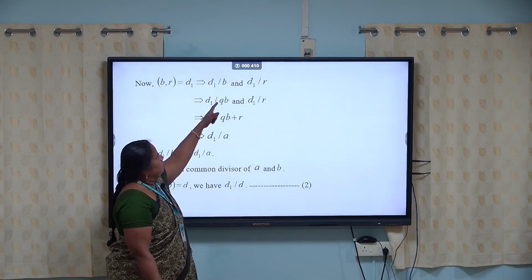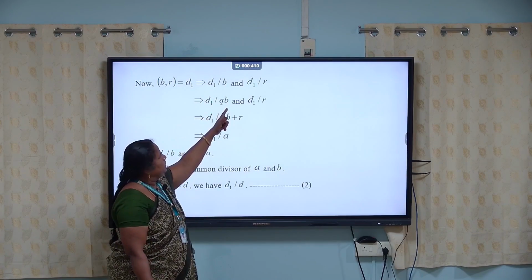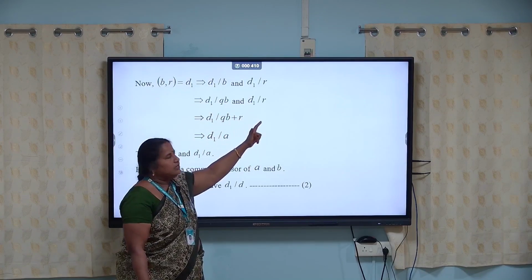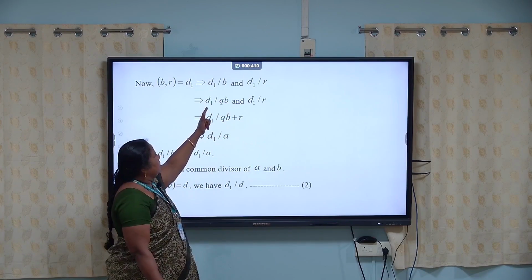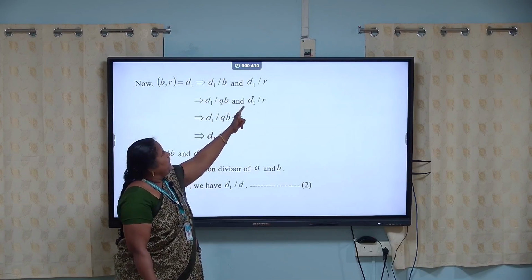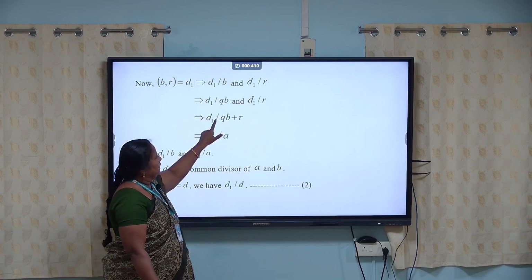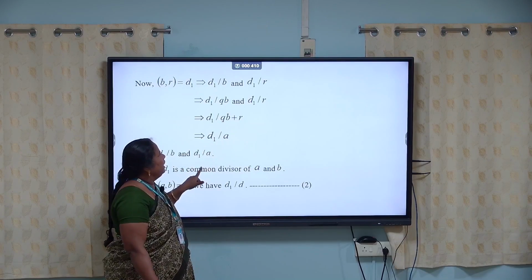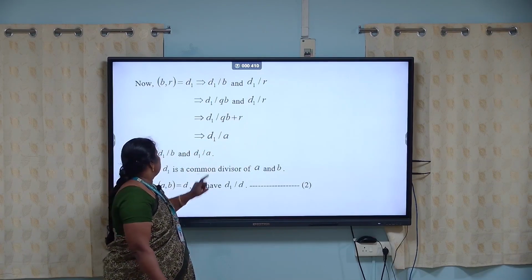Since d1 divides b, d1 divides the multiple of b. That is, d1 divides qb and d1 divides r. Hence, d1 divides their sum, qb and r. That is, d1 divides qb plus r. But qb plus r is equal to a. So, we have d1 divides a.